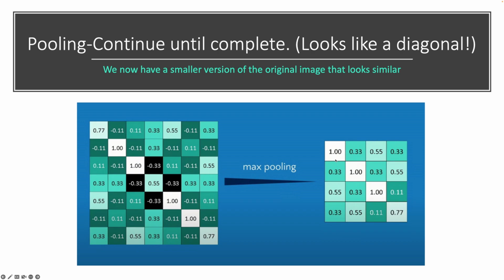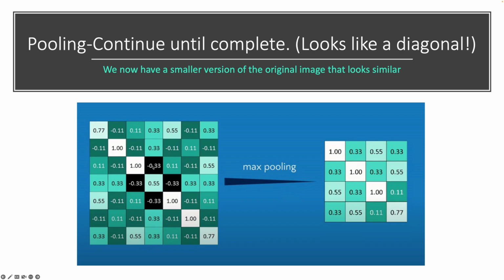And then, of course, continuing that process on, we see that we have kind of a shrunk down version of this thing here. Okay, so we still see this diagonal line here a little bit. We also notice that some of these are kind of filtered out.